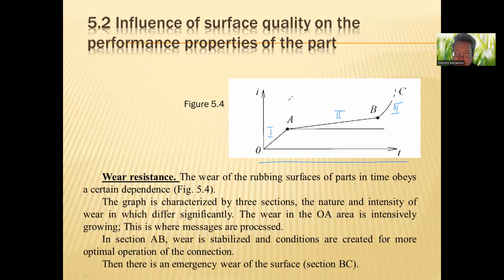It's the most optimal conditions for operation of the connection from A to B. Then there is an emergency wear of the surface. It's section BC. Third section BC, emergency wear. Write down to your notes this scheme in figure 5.4.